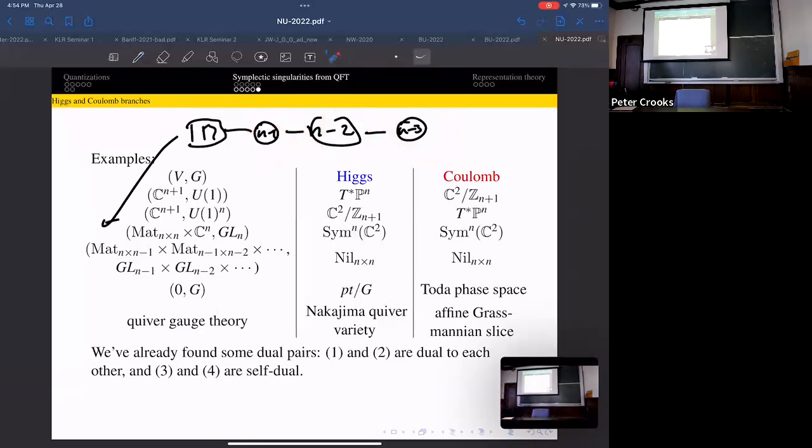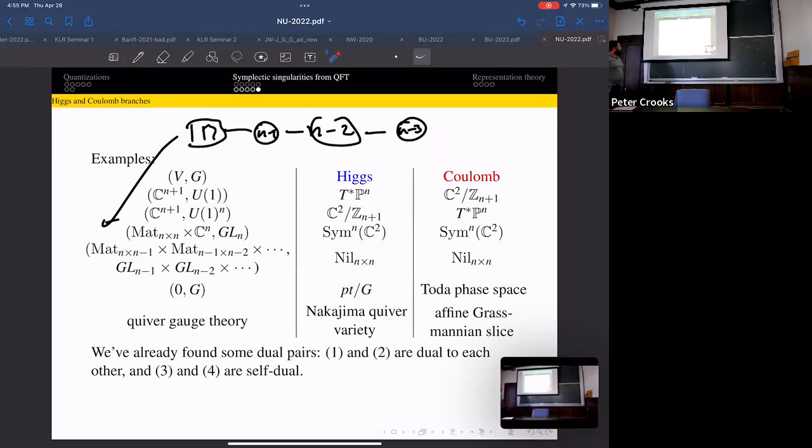And then every time I have two numbers connected by an edge, I take matrices where the numbers at the two ends are the number of rows and the number of columns. And so here I have a copy of matrices where I'm only acting on one side, not acting with GLN. I'm just taking n copies of the fundamental representation for n minus 1. And when I do that, I get the nilcone on both sides. This guy is also self-dual.